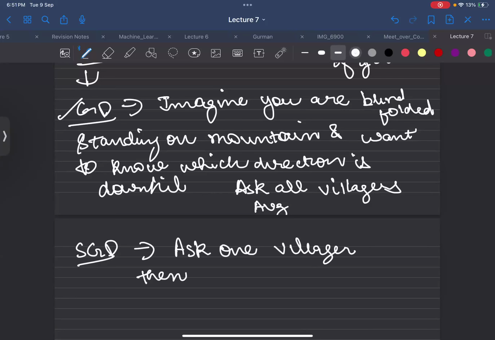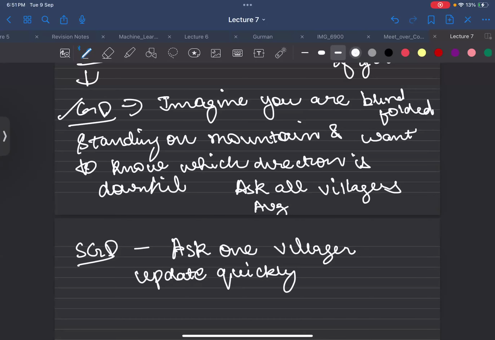Then I'm going down, then asking another, basically updating quickly. Ask one villager at a time, and then update the step. Update means at that point only I'll go down, and then I'll again ask another villager.